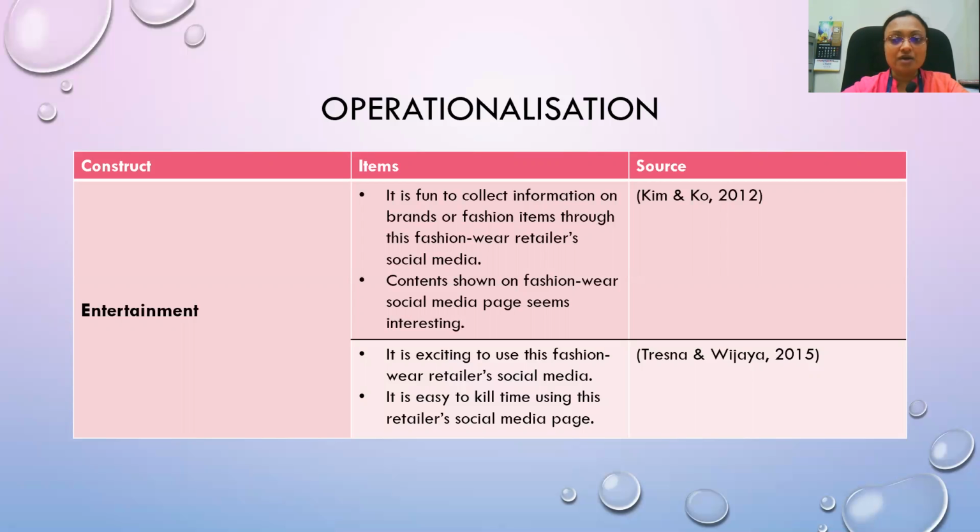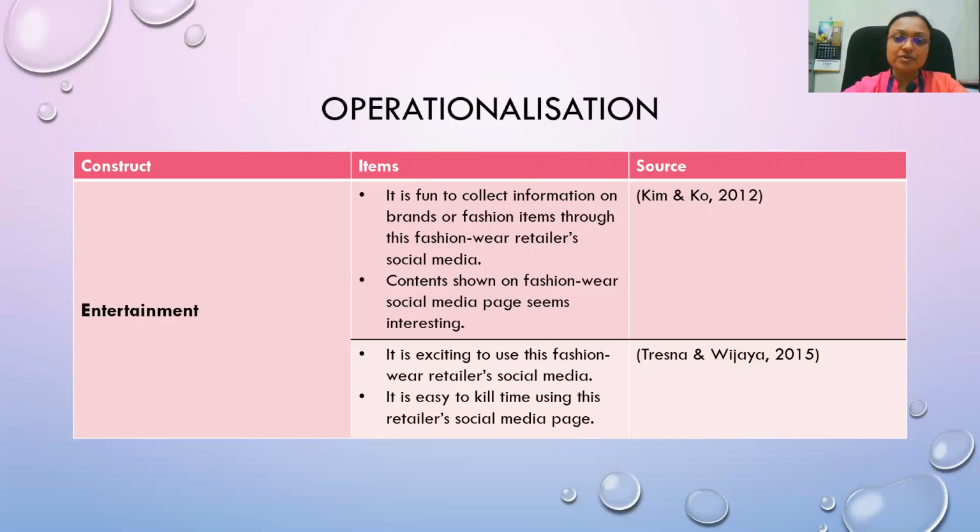We can't use our own questions unless there is no question or item we can find. So here in the operationalization table, you can see construct, item and source. Sources are where you have taken those questions.